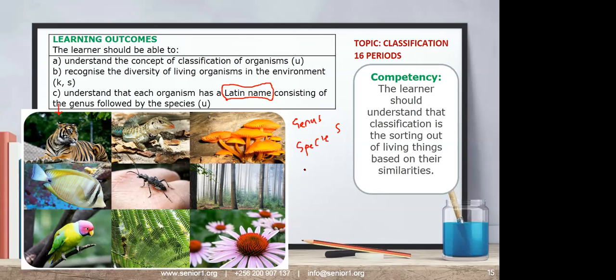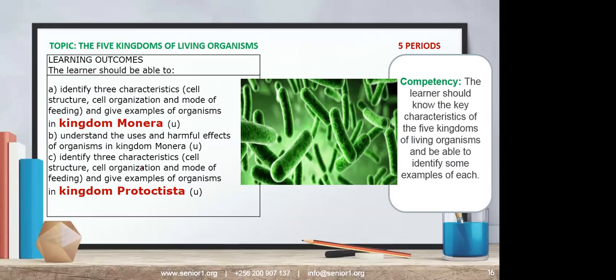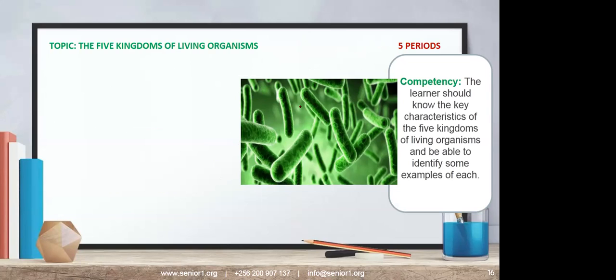Okay. And then we shall further study other organisms under this 5 kingdom system, looking at the first kingdom, Kingdom Monera. Kingdom Monera is made up of all bacteria. Did you know that you have bacteria in your mouth, even as I speak now?